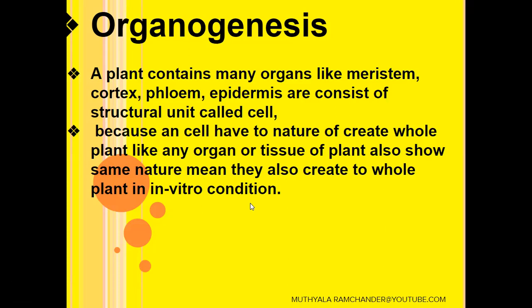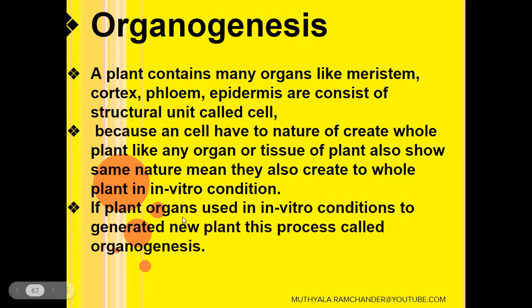The cell produces a whole plant or any organ or tissue of the plant naturally. If a plant organ is used in vitro to generate a new plant, this process is called organogenesis.